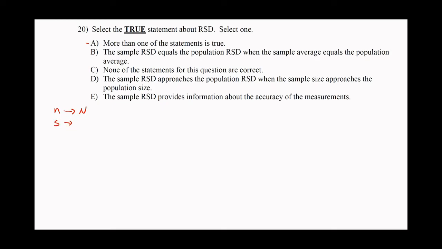The standard deviation approaches sigma, right? The sample standard deviation approaches the population standard deviation, and the sample average approaches the population average. We know nothing, only when n approaches big N. Not when average approaches average. Because remember, I actually have an example where the sample average approaches the population average, when we do the sample of jockeys and NBA players, but the standard deviation is way out of whack, right?